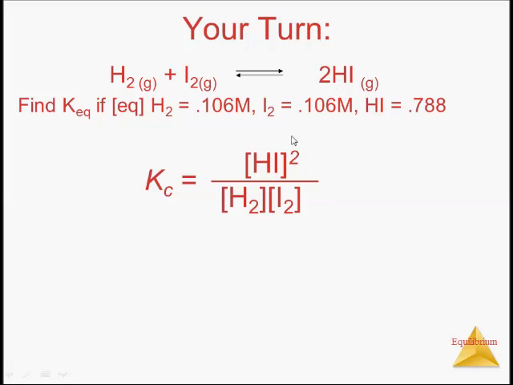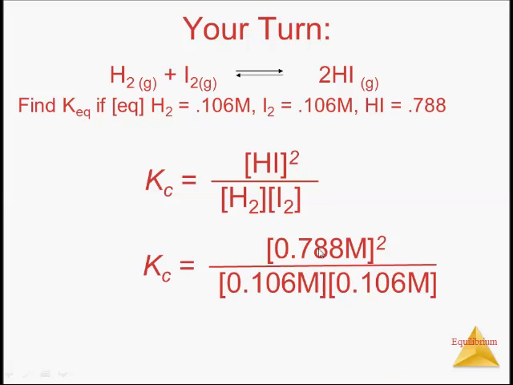It's our products, which is HI, coefficient is 2, so they're squared, divided by the reactants. None of these are solids or liquids, so everything gets included in the expression. And so again, make sure you have your square brackets, so it's divided by the concentration of hydrogen times the concentration of the iodine. Now in this case we actually have numbers, so we can plug those into our equation.